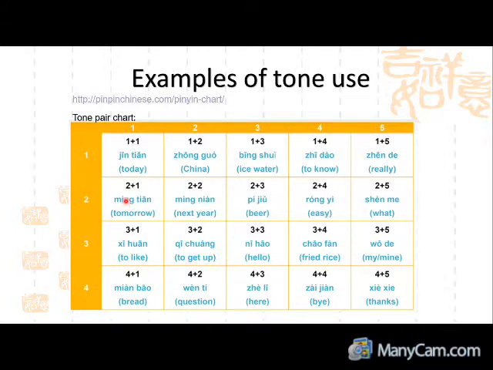I apologise for the fact that the tone marker is not very clear. It should be the tone marker for the second tone, the rising tone, which is like the French accents. 明年, as in next year in Chinese.